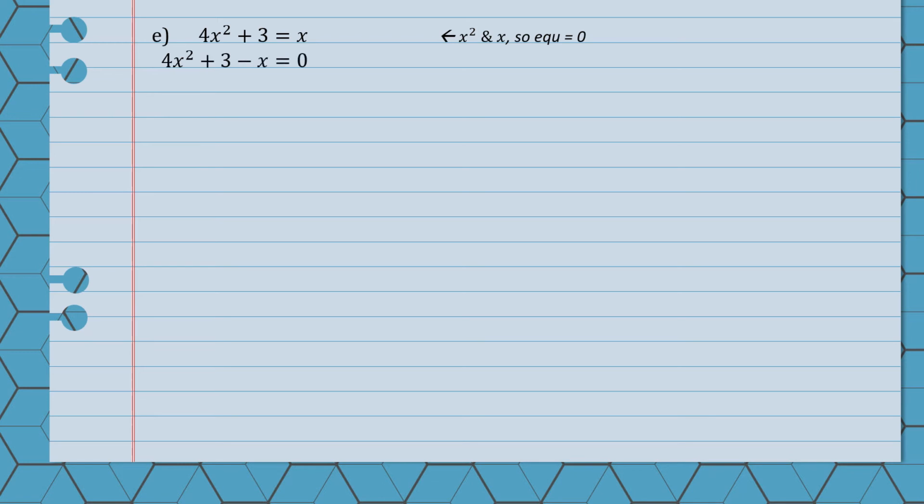We have 4x squared plus 3 minus x equals 0. So it does equal 0 now, but is it in the correct order? No. So you do need to make sure that they are in the correct order and rearrange as necessary. It should be 4x squared minus x plus 3 equals 0.